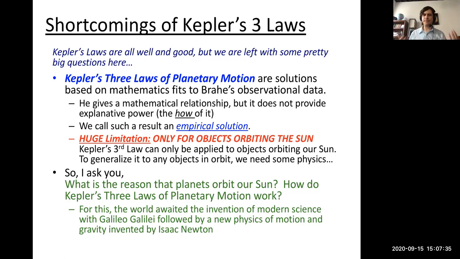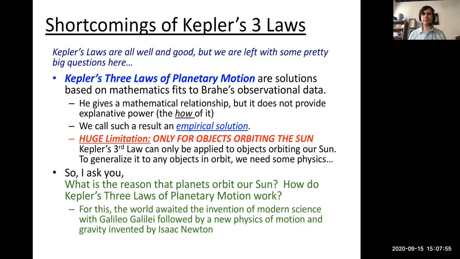And without that bit of science behind it, Kepler's 3 laws only work for where they were derived from, which is the solar system. They only work for objects orbiting the sun.